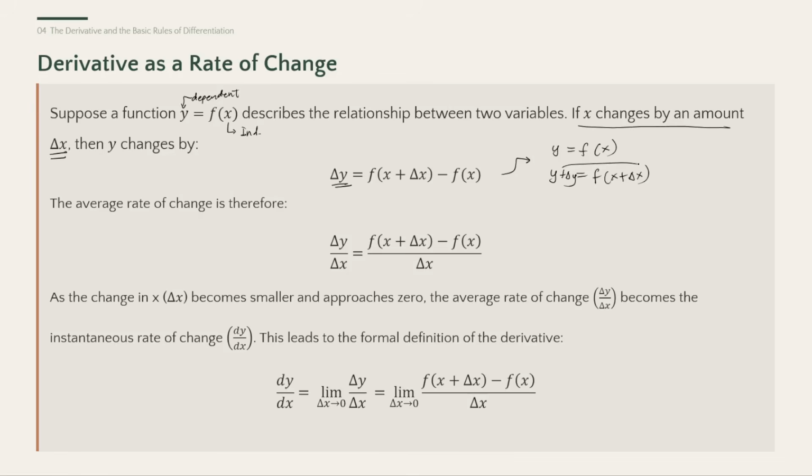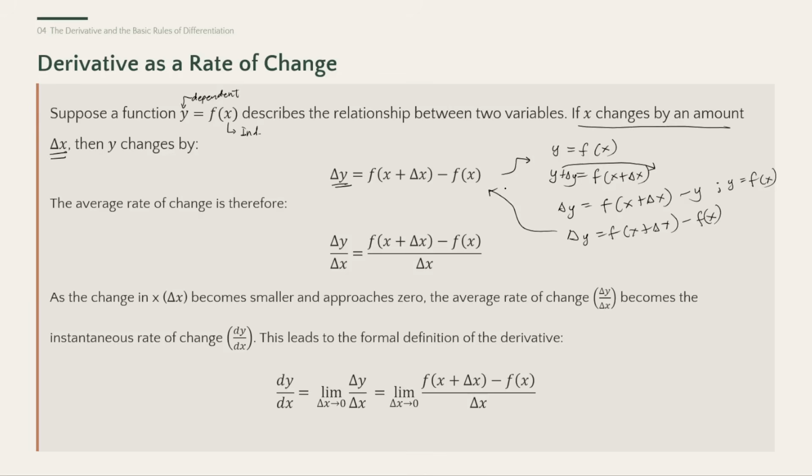Then this one is transposed to the other side. So we have f of x plus delta x minus y, sorry, this should be minus y. And we know that y is f of x. Hence, the equation is f of x plus delta x minus f of x.